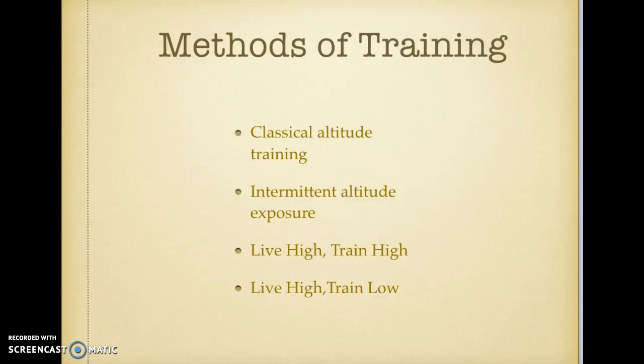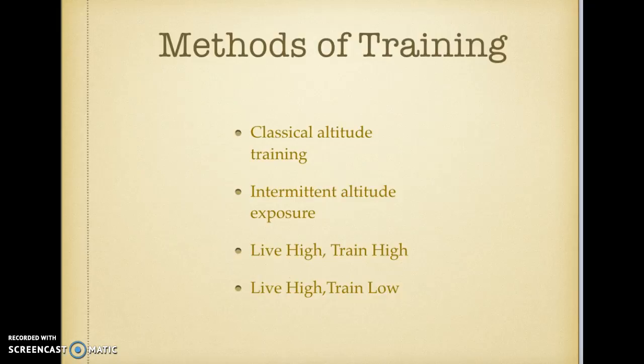Then we have live high, train high, which is living and training above 3,000 meters, and it could go all the way up to living and training at 5,000 meters at all times, so that can be dangerous to your health.